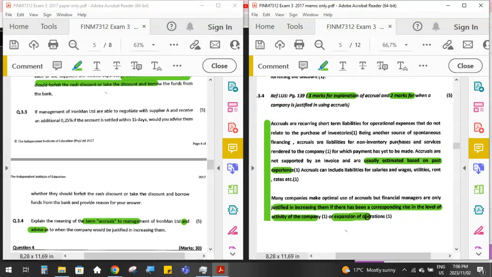Or, for instance, there might have been an expansion of operations. So for some reason, your consumption of that expense legitimately increased, and that's your only justification for legitimately increasing the Rand value that you are going to accrue versus the Rand value for that utility that you usually accrue based on estimates. I hope that explains it.